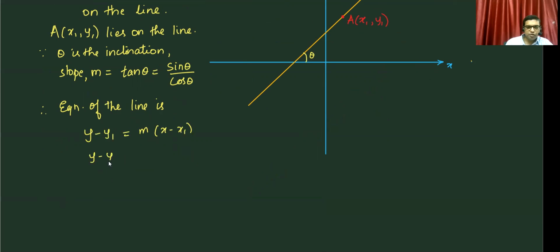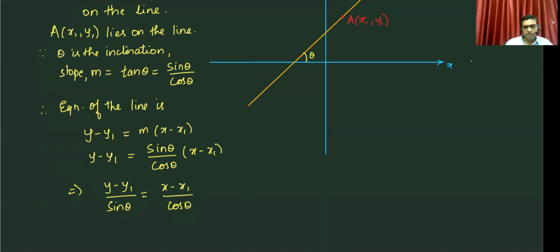So y minus y1 is equal to sine theta upon cos theta times x minus x1. Bring sine theta to the denominator: y minus y1 by sine theta is equal to x minus x1 by cos theta.